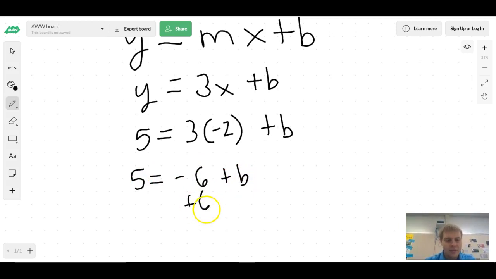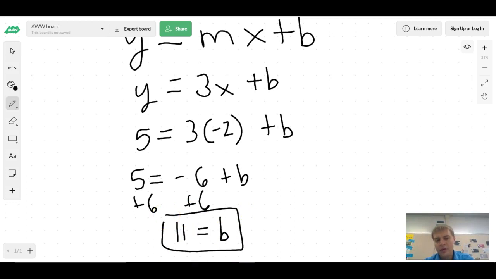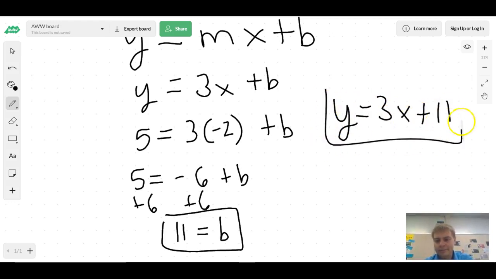We'll add 6 to both sides, and we're going to get that b is equal to 11. So if b equals 11 and 3 is my slope, then my line equation would be this right here. And that would be my final answer. Again, you want to write out your line equation and then plug in x and y to find your b value. Let's try the next one.